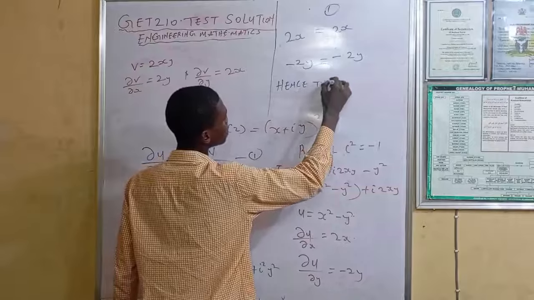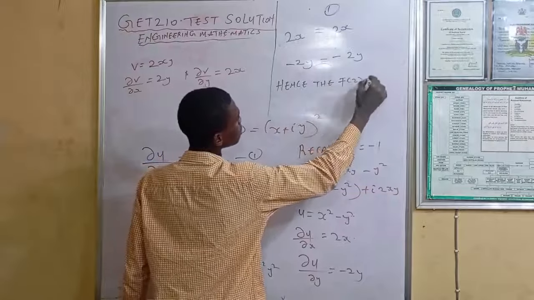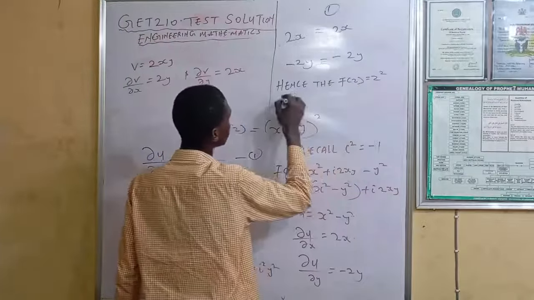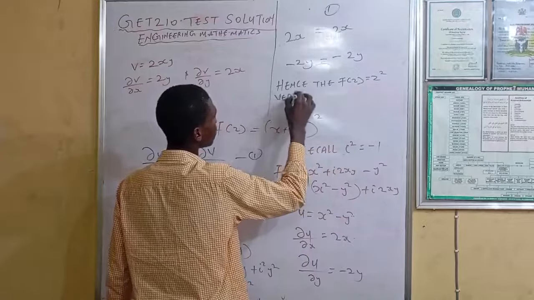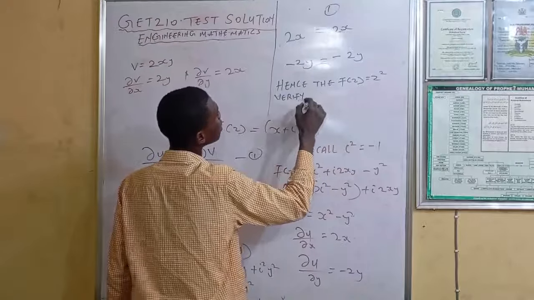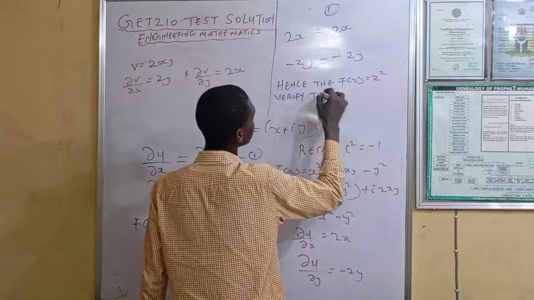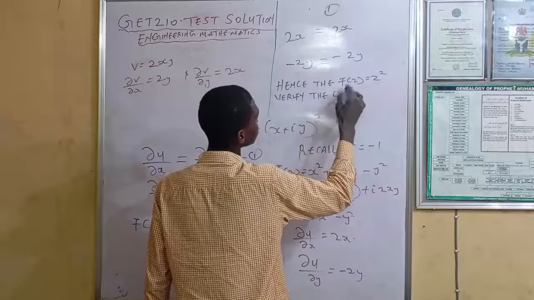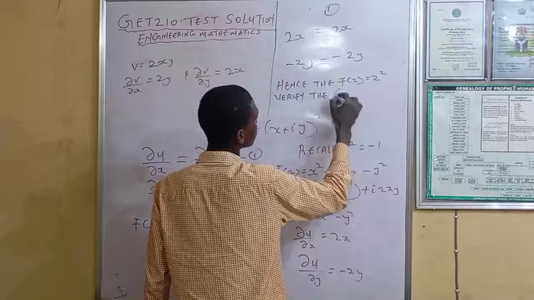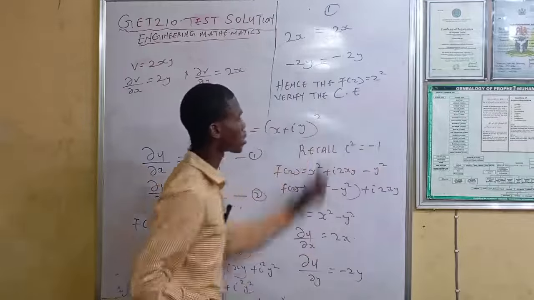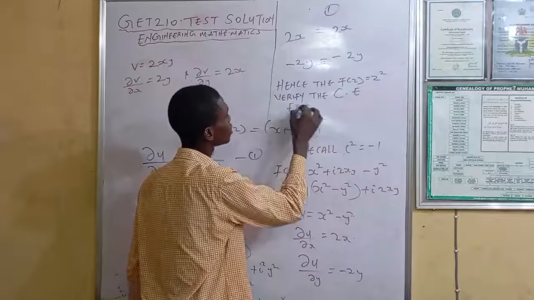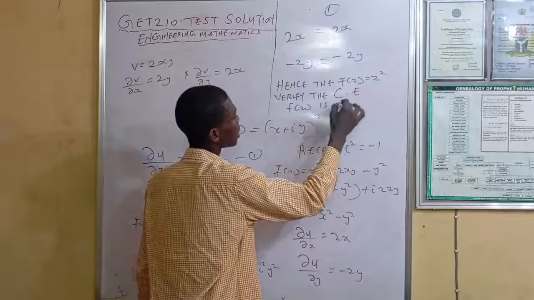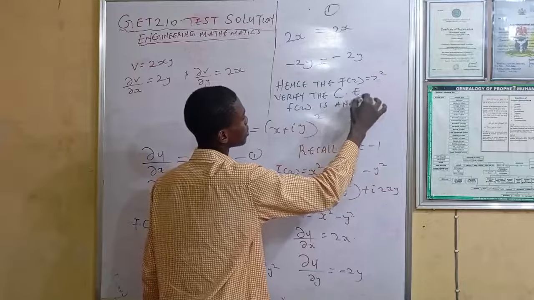The function given, which is z squared, verifies the Cauchy-Riemann's equation. In other words, it means the function is analytic.